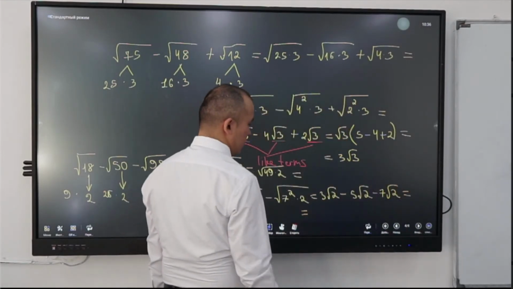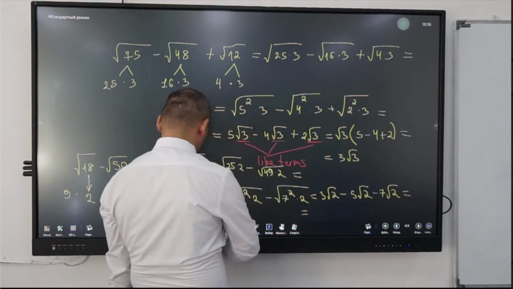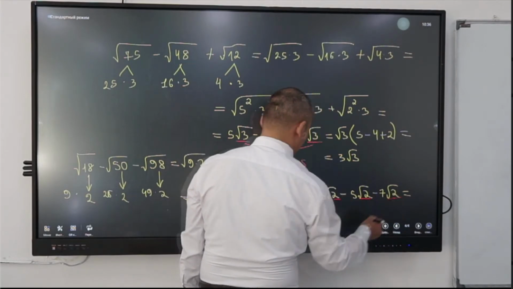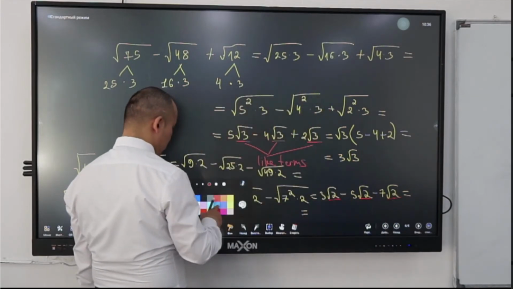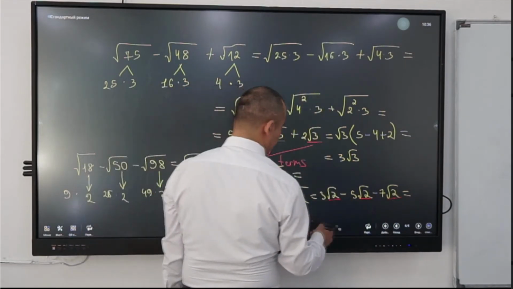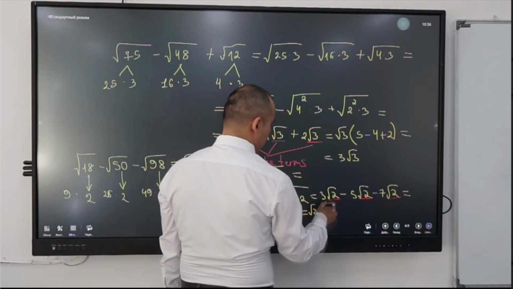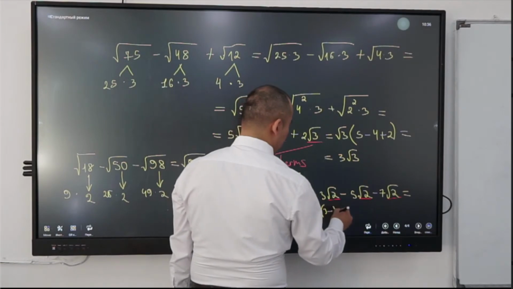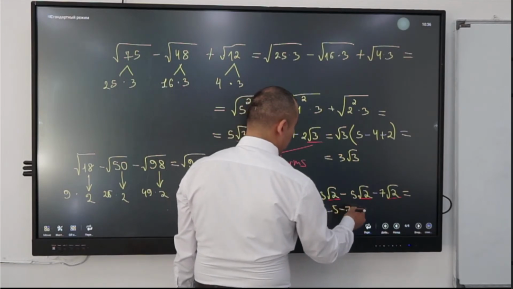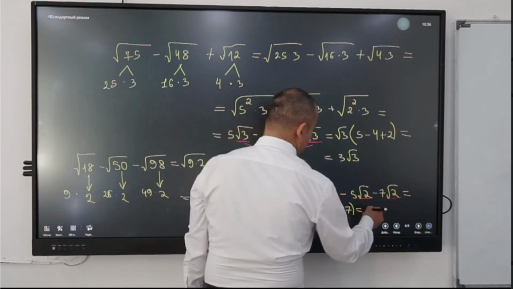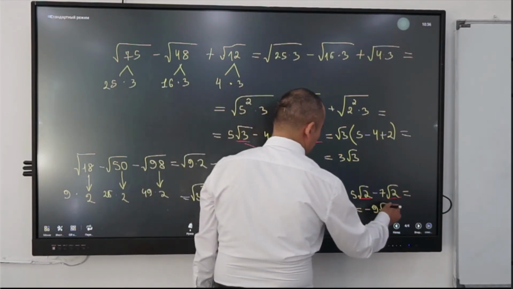Okay, we can see the like term is root 2. So we can add or subtract. Root 2 in brackets 3 minus 5 minus 7 will be minus 9 root 2.